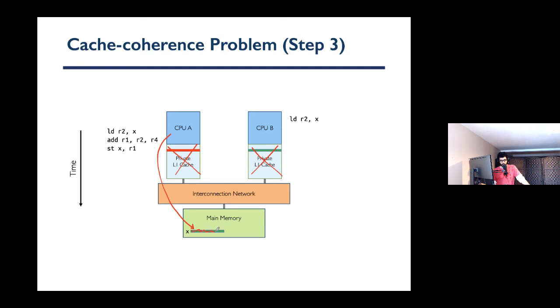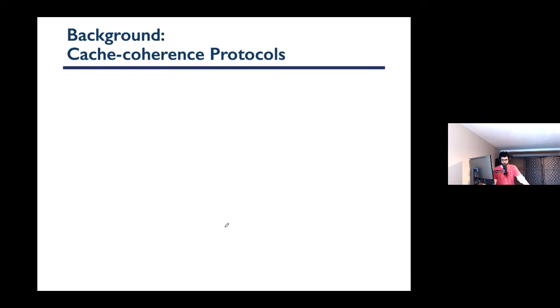So this would have become the new data, and then thread B would have read the correct data. This problem is a product of having these local caches, and each one of the threads reading from these caches instead of reading from memory, or writing to their caches instead of writing into the memory. So hopefully the problem is well defined, that is, what is the problem that we're trying to deal with.